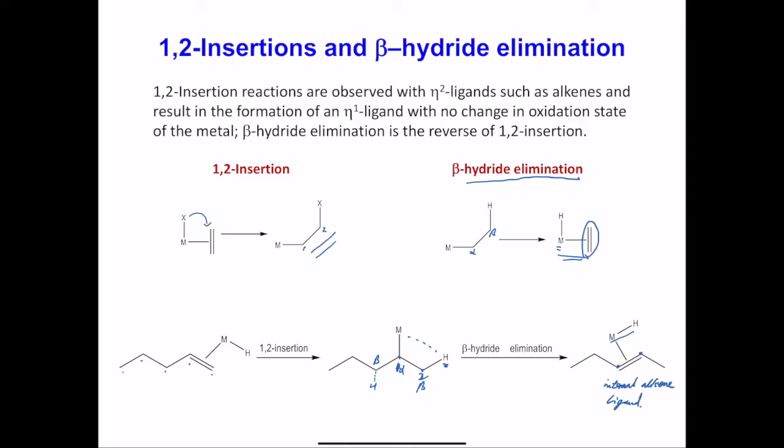But your initial reactant is a terminal alkene ligand. So in this case, you see we combine the 1,2 insertion and beta hydride elimination. We can do alkene isomerization.